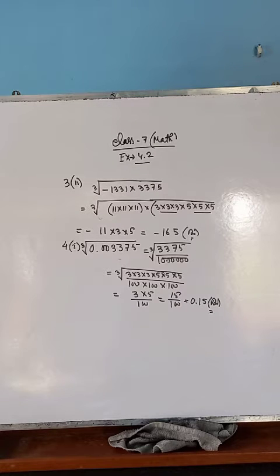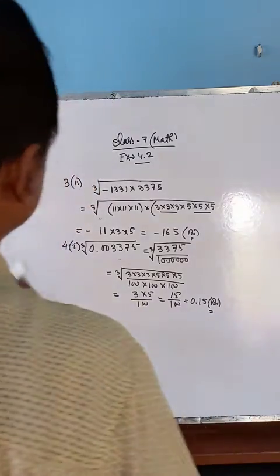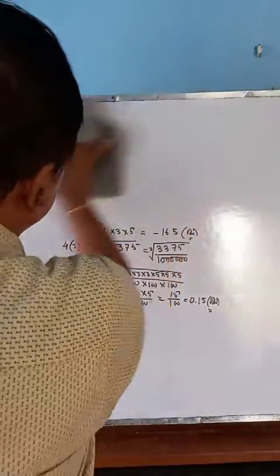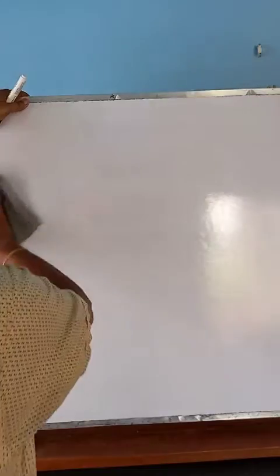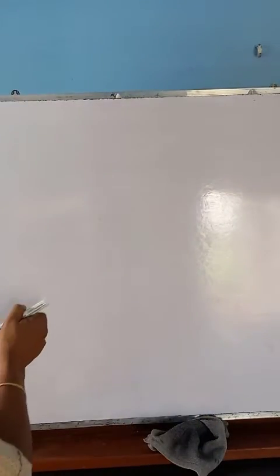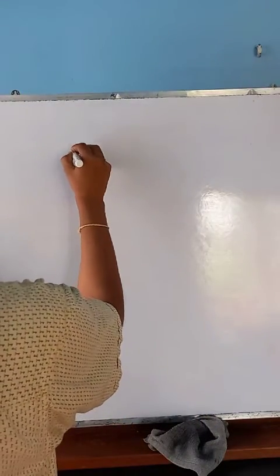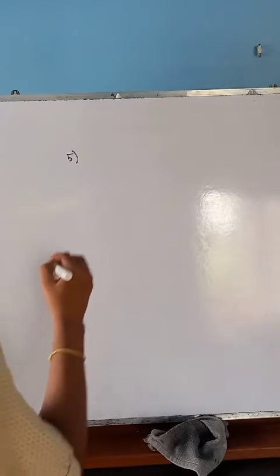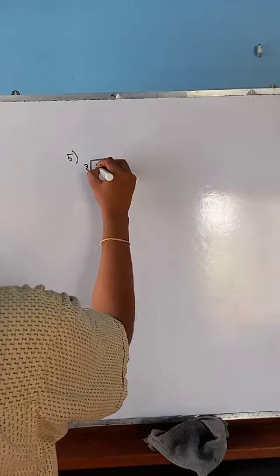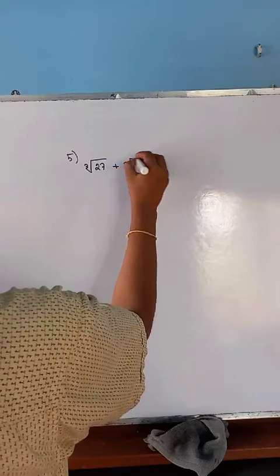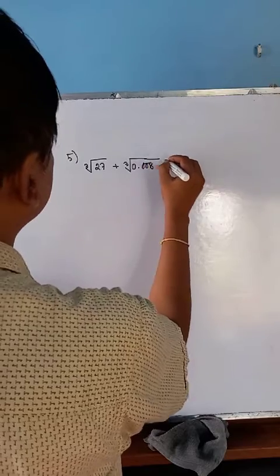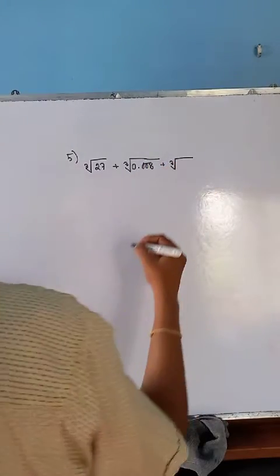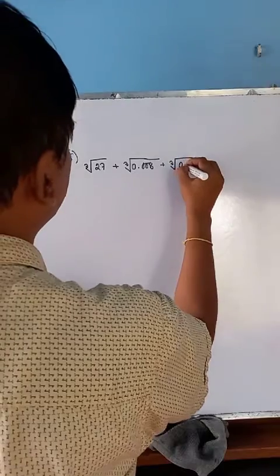Next, the last math, question number 5. Cube root of 27, cube root of 0.008, cube root of 0.064.